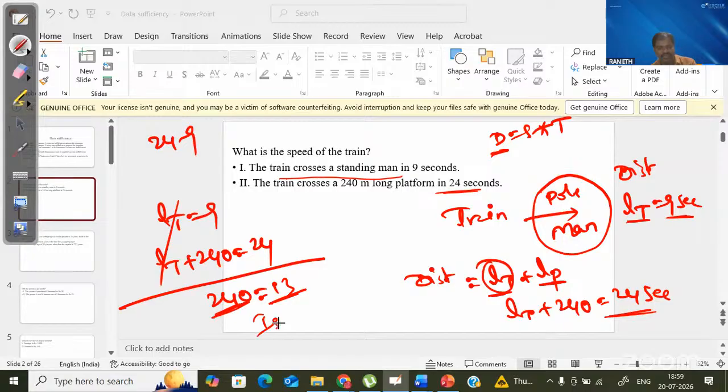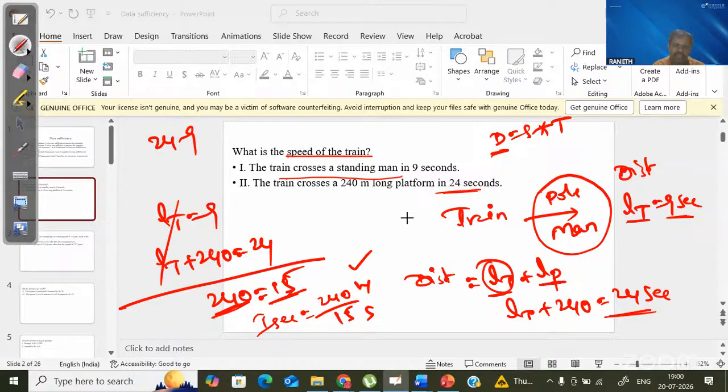In 1 second, I get 240 by 15 meters, which is 16 meters per second. So that is the speed of the train we are getting. On both conditions we need to take.